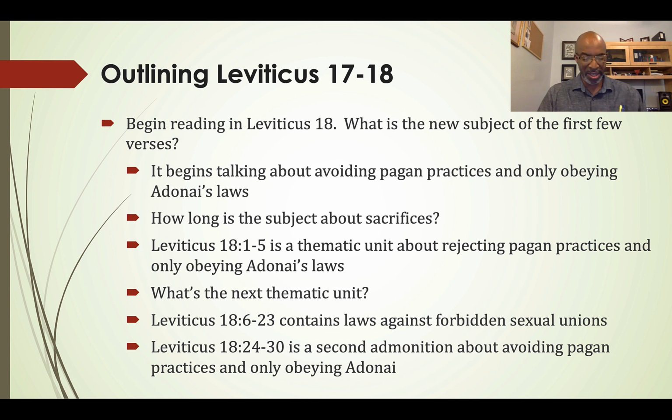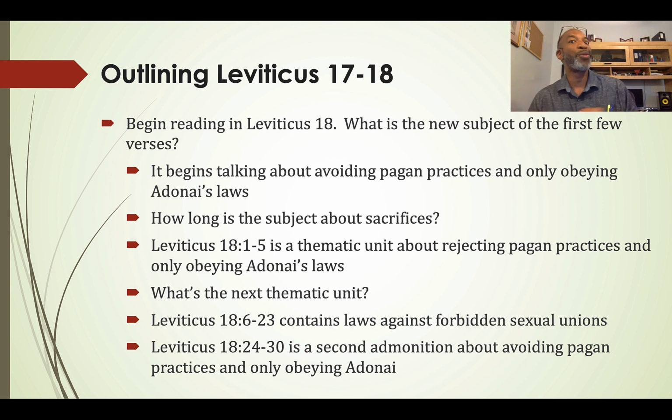Now let's just keep reading because we're doing all of 18. What we see is that 24 through 30 is a second section of admonitions about avoiding pagan practices and only obeying Adonai. In other words, verses 1 through 5 were talking about avoiding pagan practices.